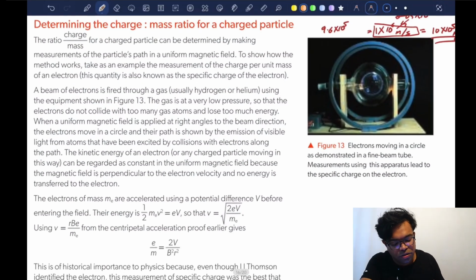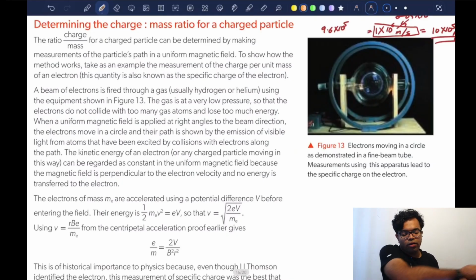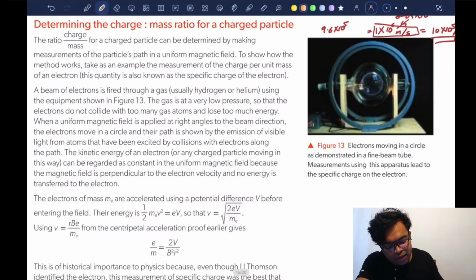Determine the charge to mass ratio for a charged particle. The ratio charge upon mass for a charged particle can be determined by making the measurements of the charged particle's path in a uniform magnetic field.